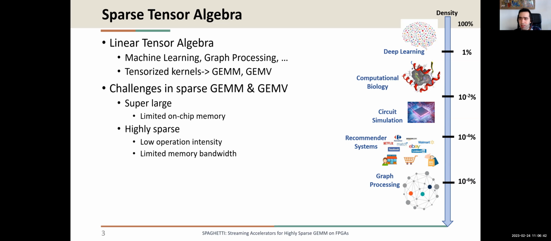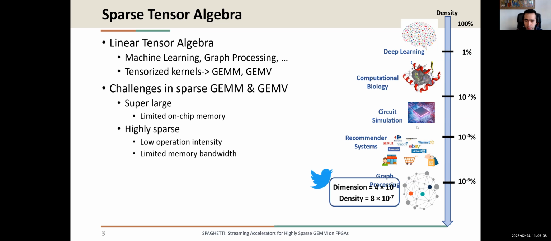As you can see, the density of the matrices varies from application to application. In deep learning algorithms, we usually have matrices that are 50% to 1% dense, but in other applications, like recommender systems and graph processing, the matrices are highly sparse.